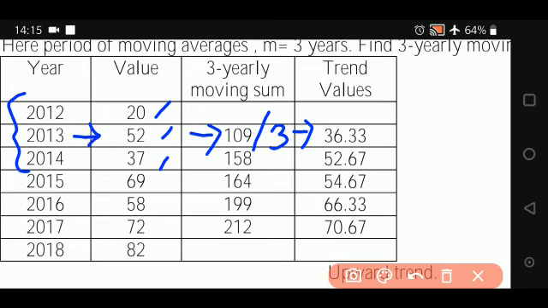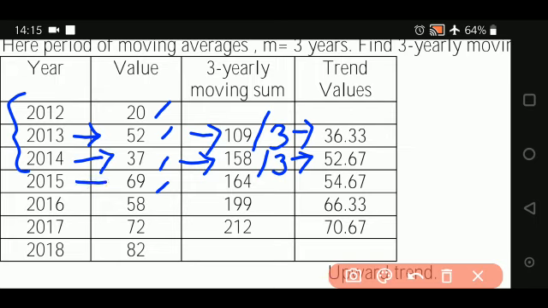You are writing this particular value in front of 2013, that is 109. Similarly, next step is to skip the value 20. Then you add 52, 37, 69 and that sums up to 158. And when you divide 158 by 3, you get the trend value as 52.67 and the representation here is 2014.